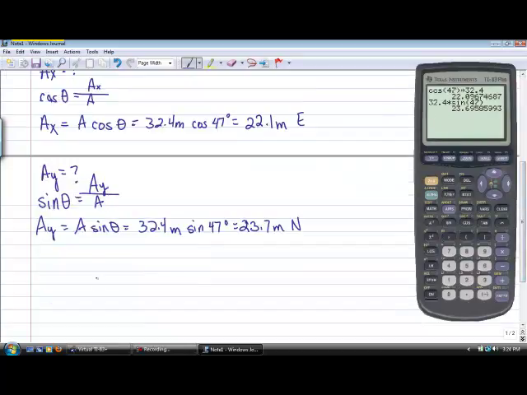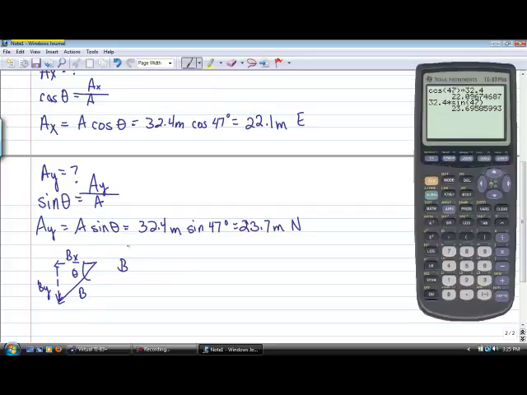If I redraw B, it looks something like this. And yes, I'm being bad, I'm not using the straight edge. This is B sub x, this would be B sub y. This would be theta.